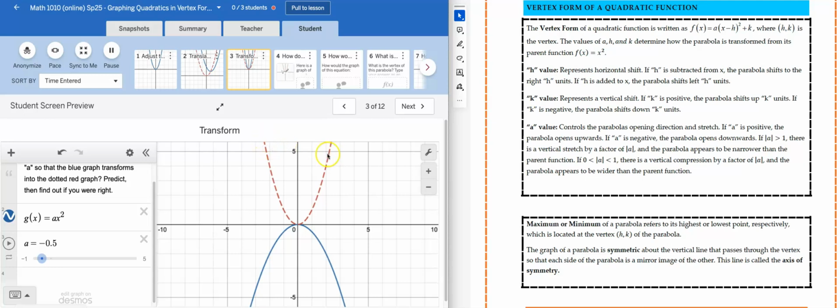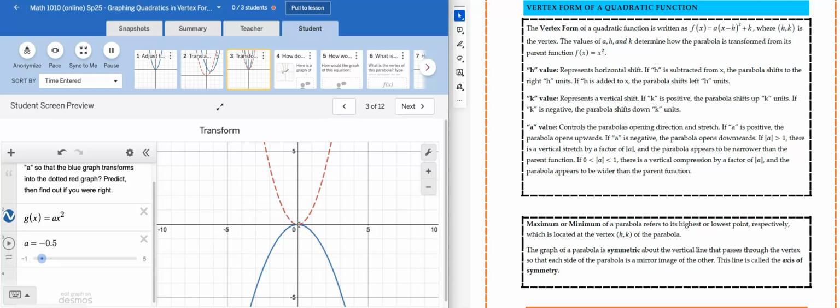Well, the arrows aren't showing on here, but this is going up and out forever, so there's no highest point that it's ever going to get to because it goes out to infinity. But there is a lowest point, and that lowest point is going to happen at the vertex.